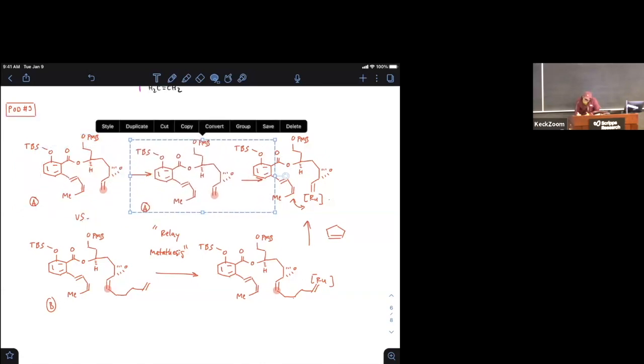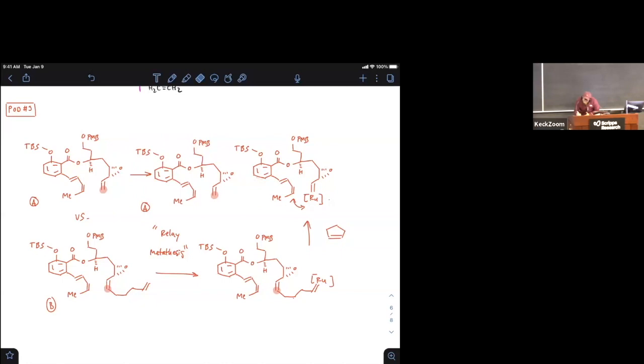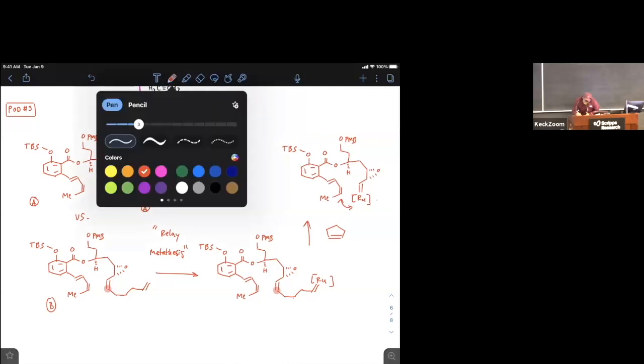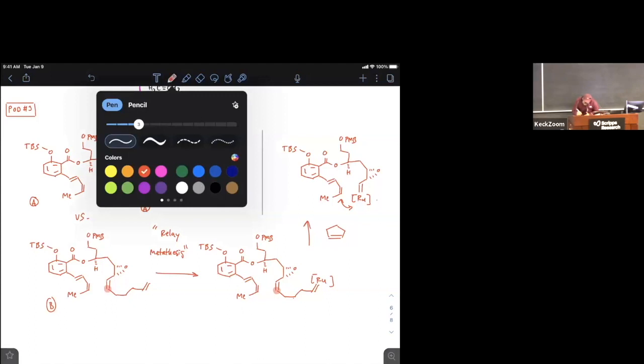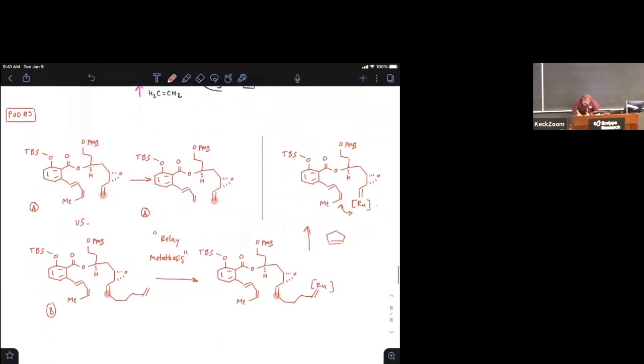But what happens most of the time is that instead it crosses onto this diene, where it reacts with this diene. And this is inactive.